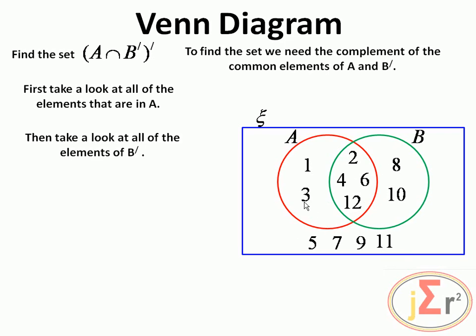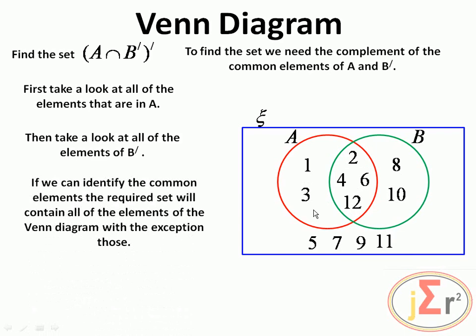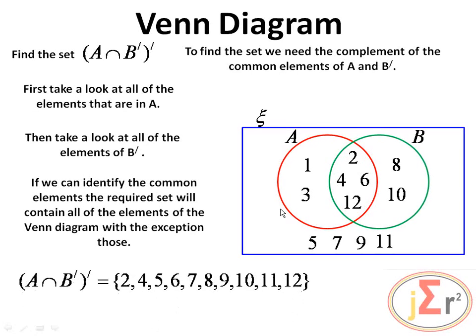So, all of the elements with the exception of 1 and 3. If we can identify the common elements, the required set will contain all of the elements of the Venn diagram with the exception of those. Of course, the common elements of A and B complement are 1 and 3.